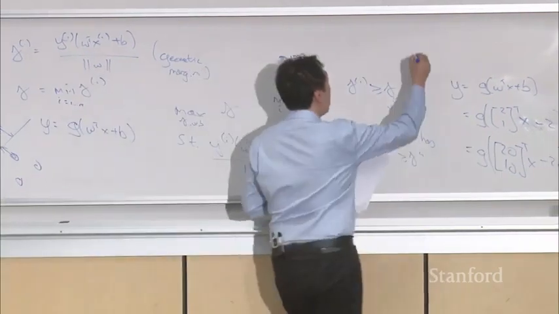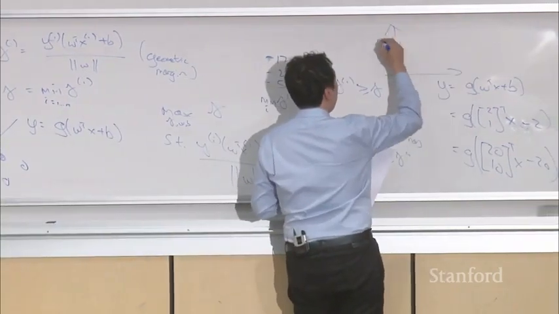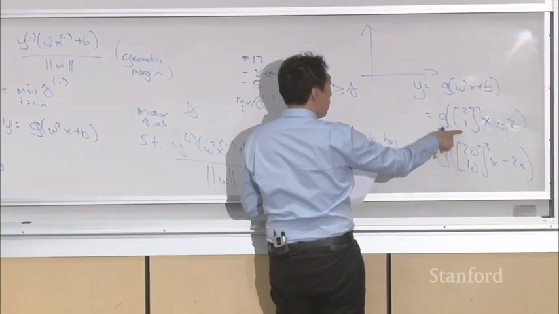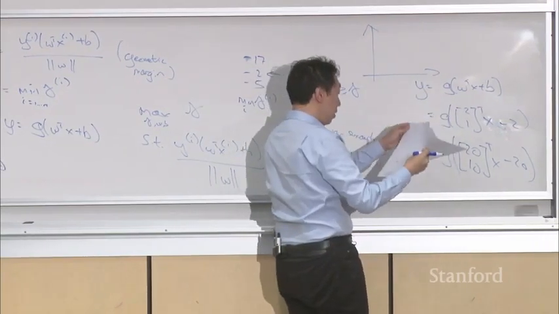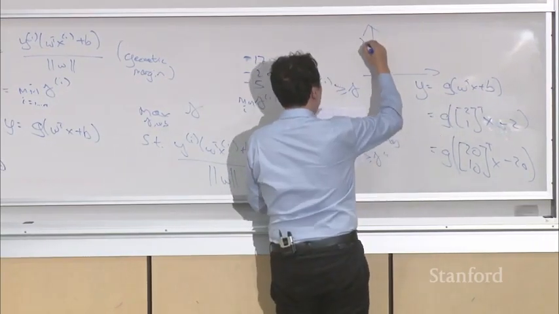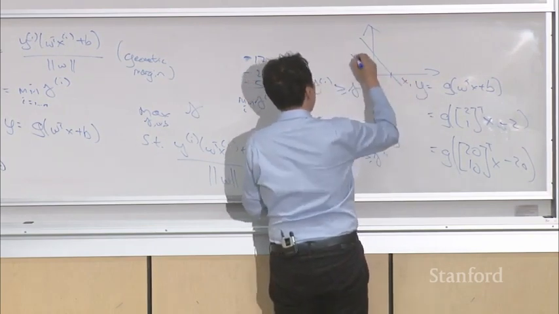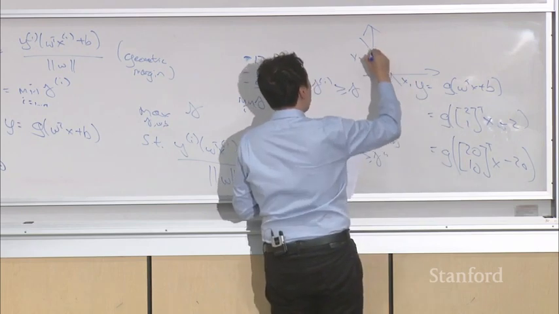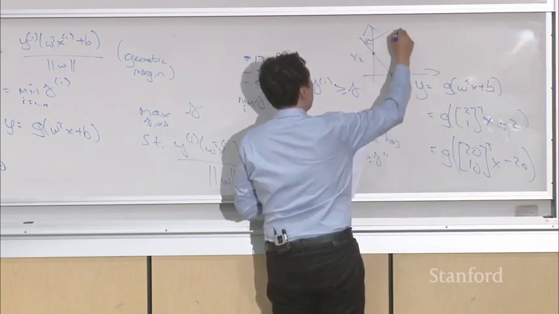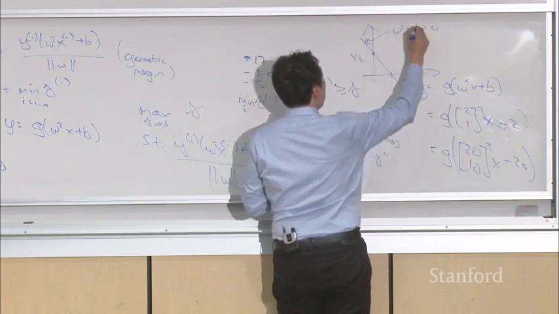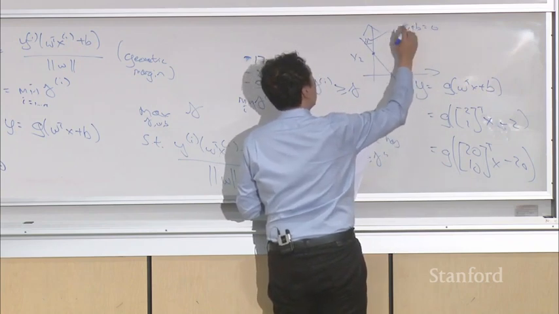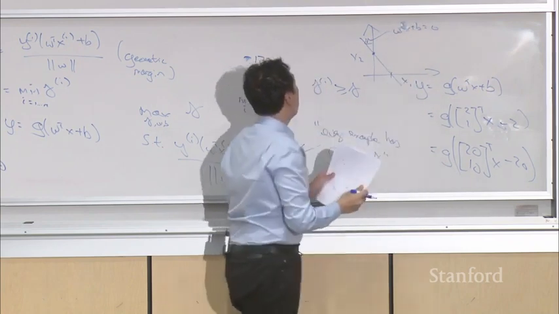So in particular, with this 2, 1 x, this actually defines a decision boundary that looks like that. If this is x1 and this is x2, then this is the equation of the straight line where w transpose x plus b equals 0. Right?